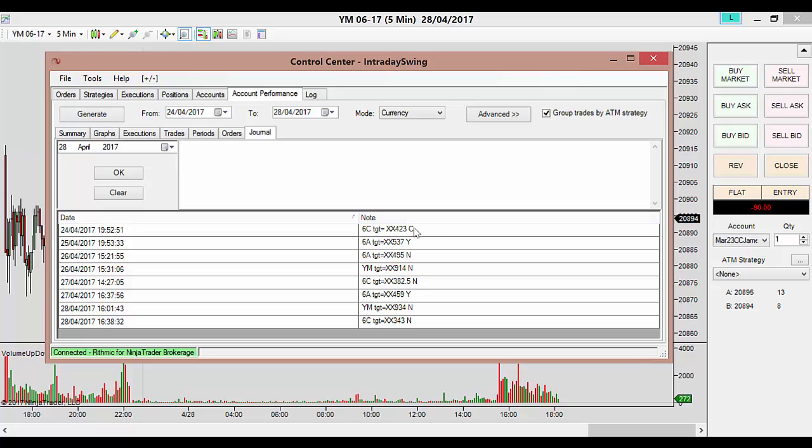So C means I had to take the trade off at the close. It didn't get the target, but the close of the market caught up with me and I had to take the trade off for win, lose or draw. Y means yes, it did hit the target. N means no, it didn't hit the target, meaning it hit the stop before it hit the target.